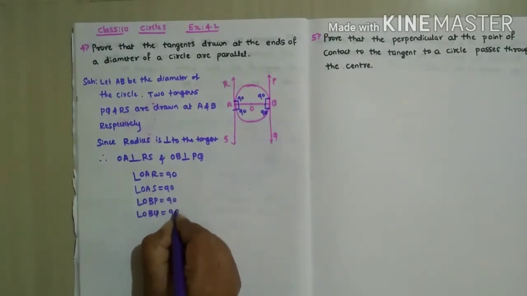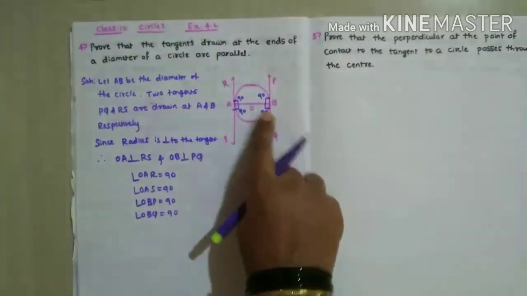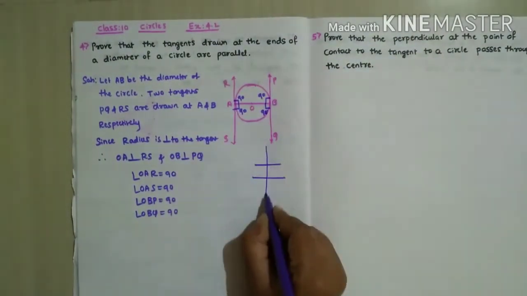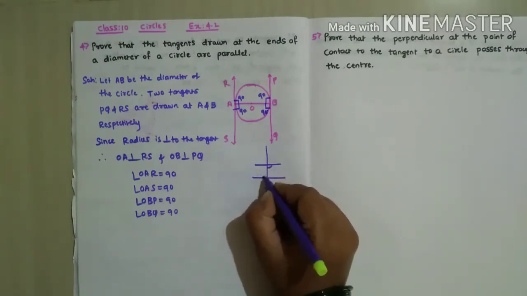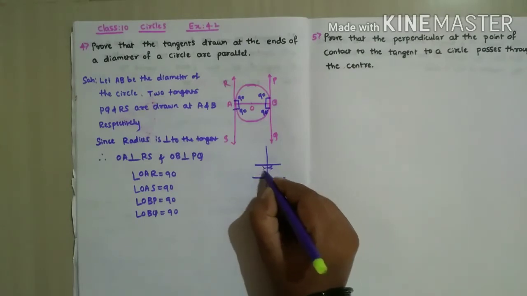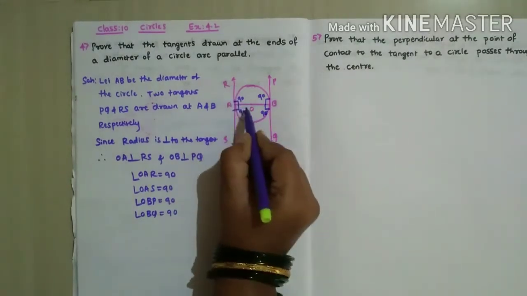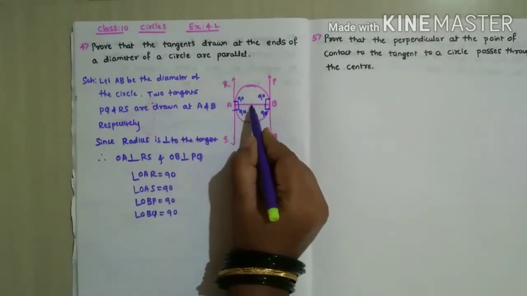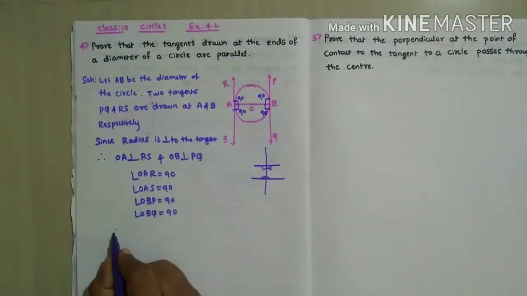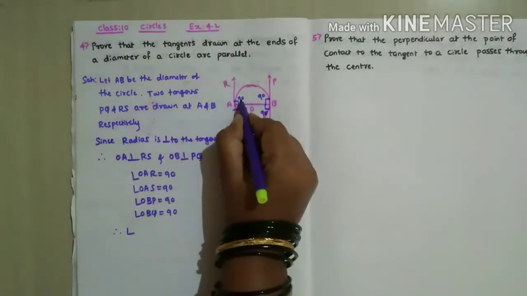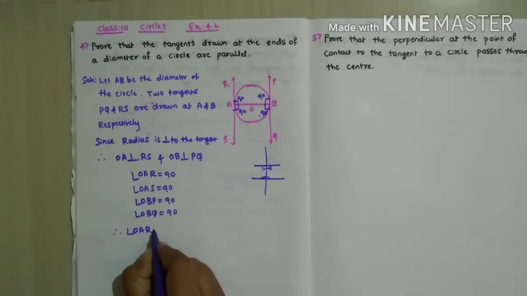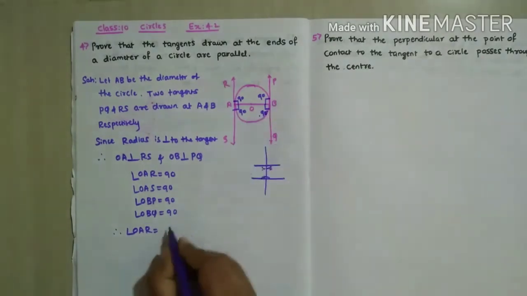Now just observe, these two are the parallel lines and this is a transversal. Like these two parallel lines, one transversal is there, these two are called interior alternate angles. Like that only here, OAR and OBQ, interior alternate angles, are equal to 90 degrees. Therefore, I will write angle OAR is equal to angle OBQ.